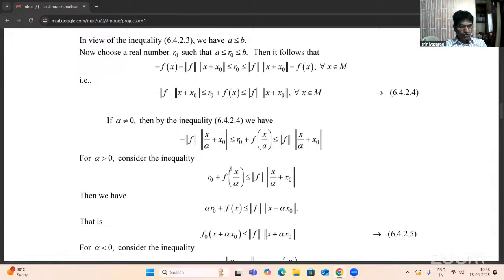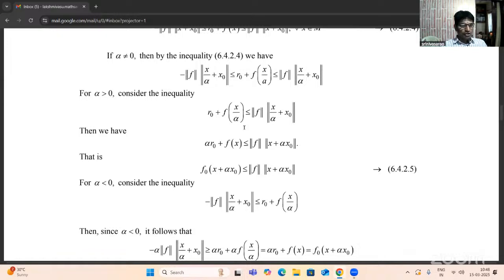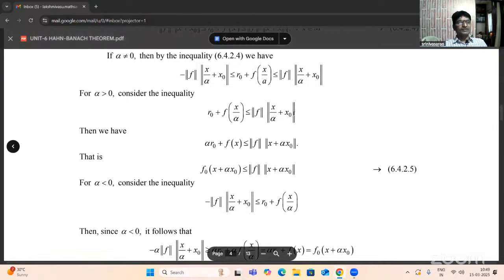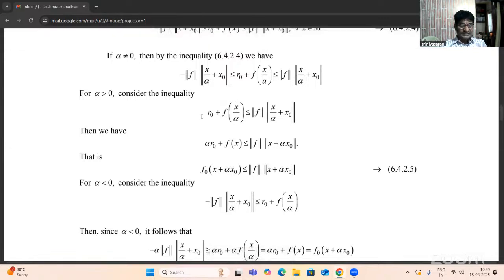Taking the right side of the part, r naught plus f of x by alpha is less than or equal to norm f into norm x by alpha plus x0. Multiplying with alpha, alpha r naught plus f of x is less than or equal to norm f into norm x plus alpha x0.